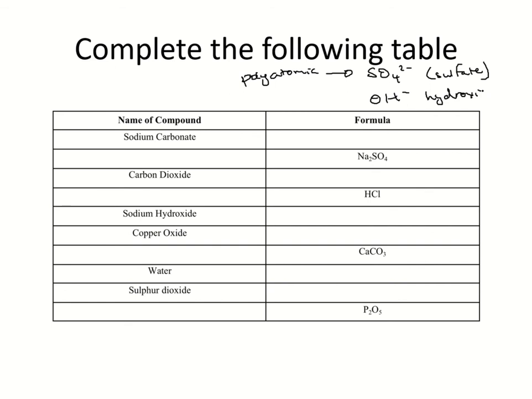These ones obviously you can just search online what the names are for the polyatomics. And then we have carbonate, which is CO3 2 minus. Okay. So for the polyatomics we have sodium.